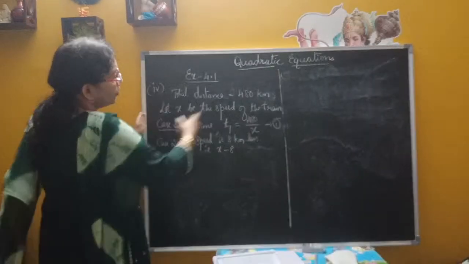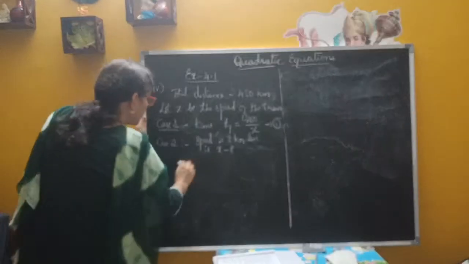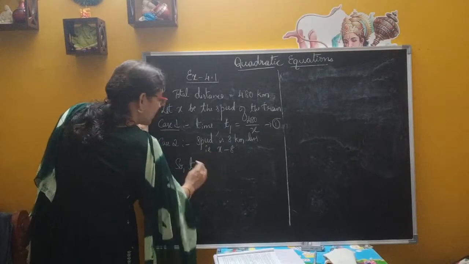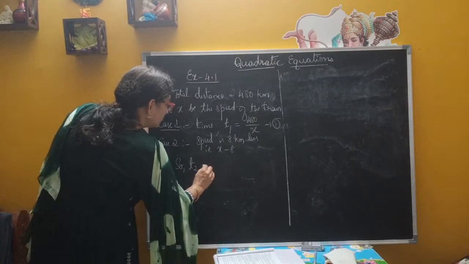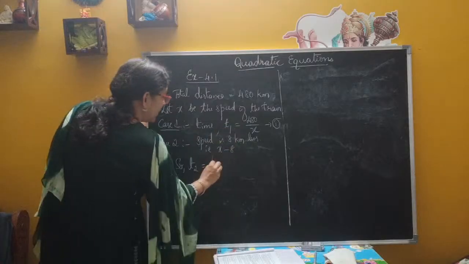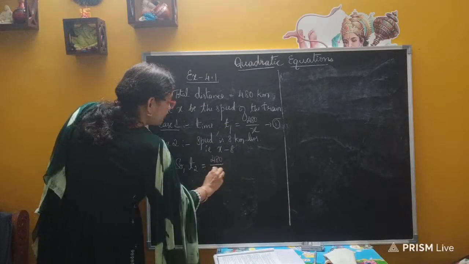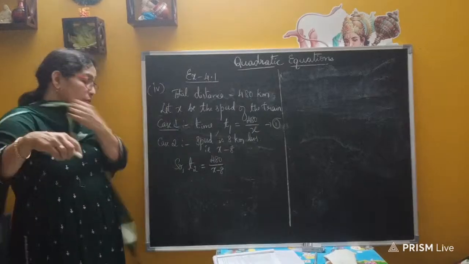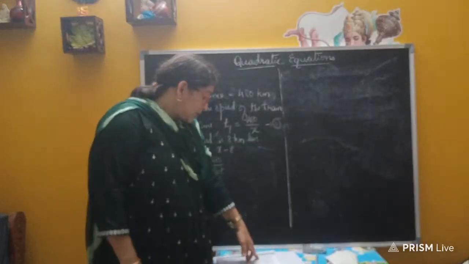Now what is t2? The distance traveled is the same. So t2, the time in the second case, is distance by speed, that is 480 by x minus 8.